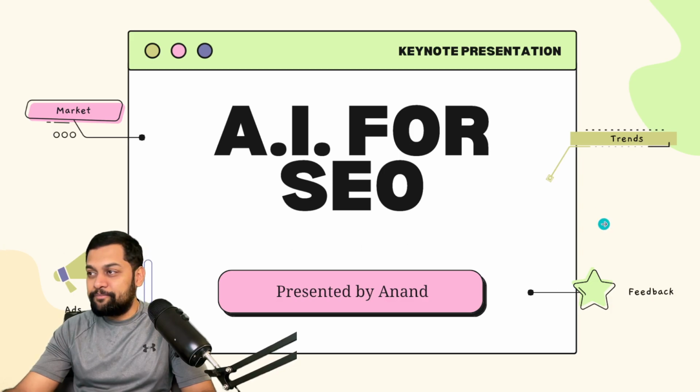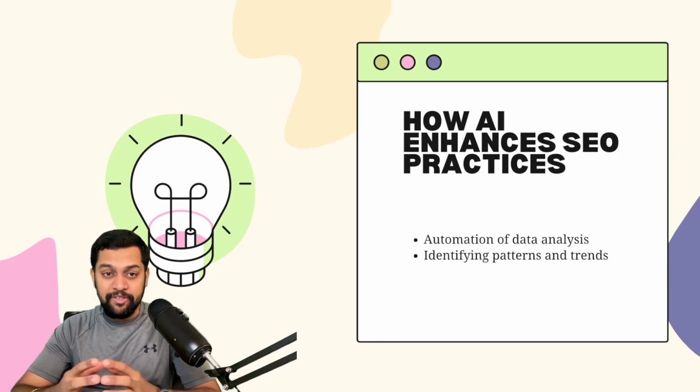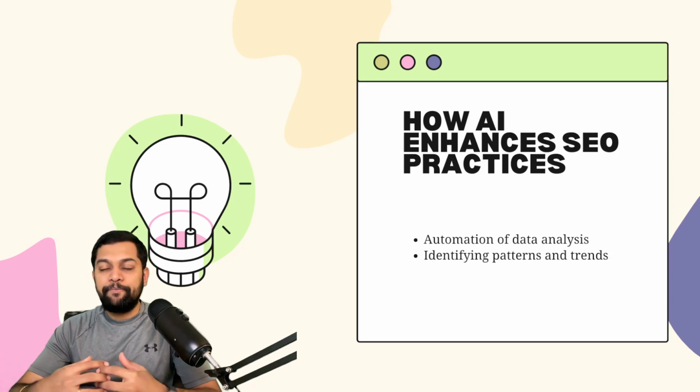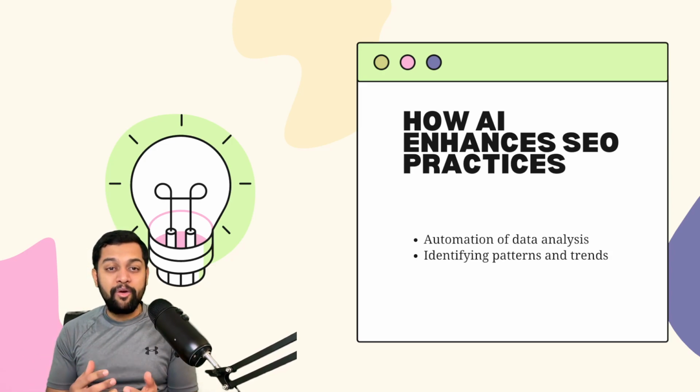So let's get started. The first thing is AI allows enhancement of your SEO practices. What I mean by that is when it comes to SEO, the first thing is always research. It's about analysis. Typically, let's say you want to launch a new website, you have to use a bunch of different tools to analyze the data in terms of where you are currently in your digital landscape and how you compare yourself with, let's say, your competitors.